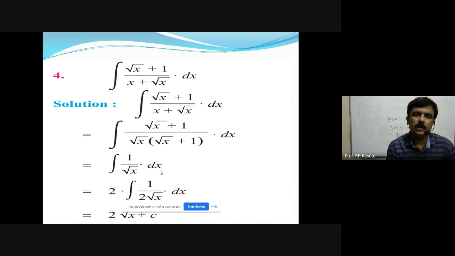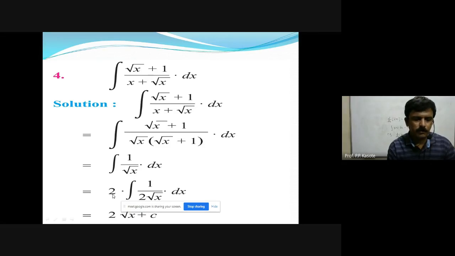No, not at all. But we remember one formula from the derivative, that is, the derivative of root x is 1 upon 2 root x. If the derivative of root x is 1 upon 2 root x, it means that the integral of 1 upon 2 root x is root x only. So to use the same formula, we have made an adjustment of 2 over here.